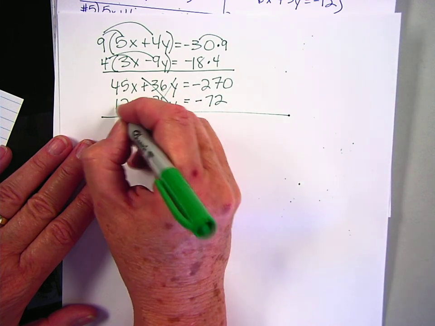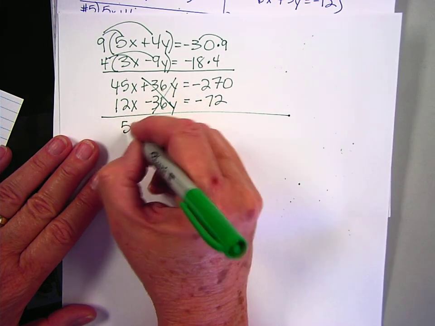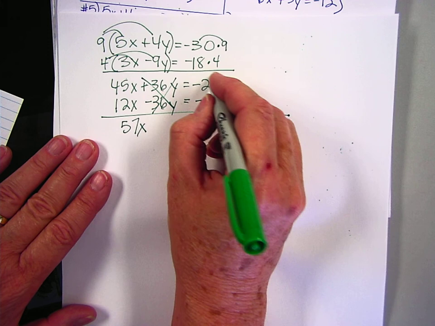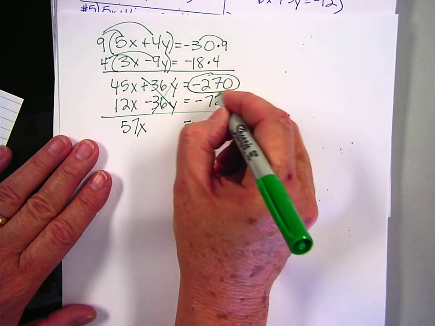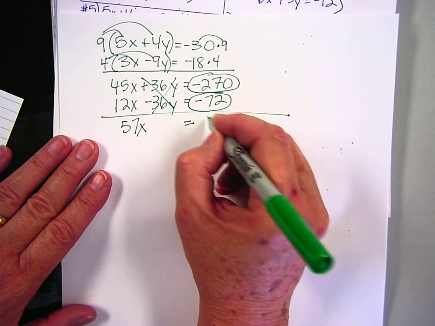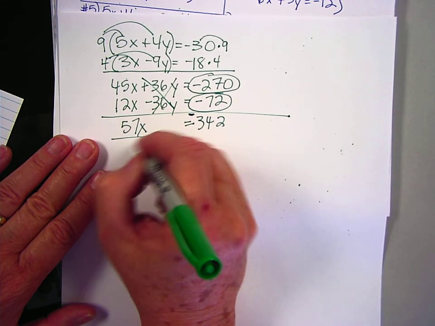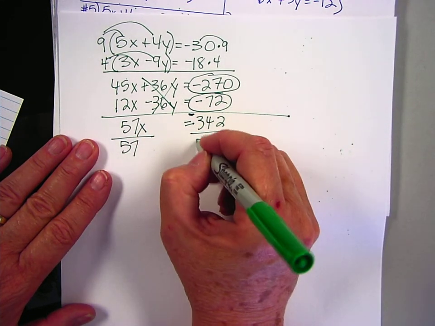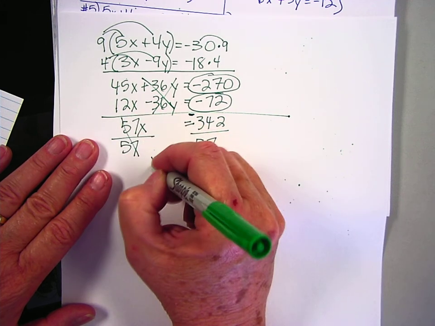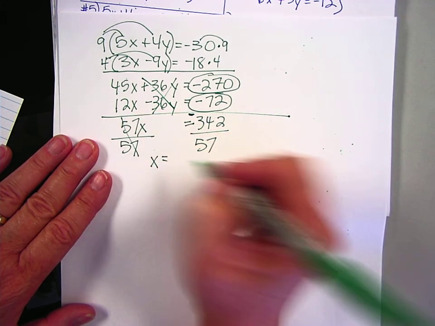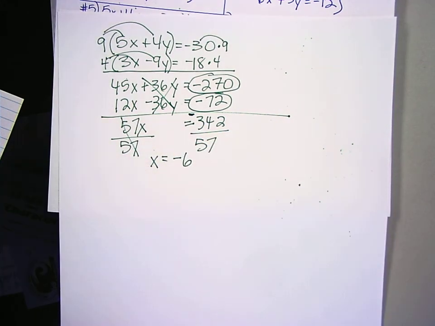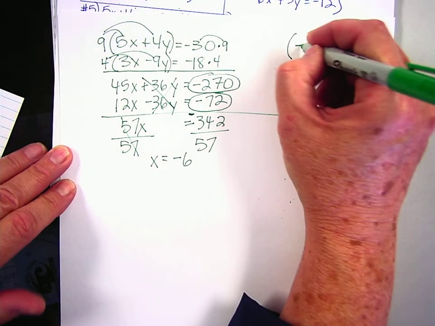I have 57 x's, and these are all negatives, guys, so nobody's getting married. So if I combine those, I get 342 negatives. If I divide both sides by 57 to get my x isolated, x equals, I believe it's, yeah, it's negative 6. There's half of my solution.